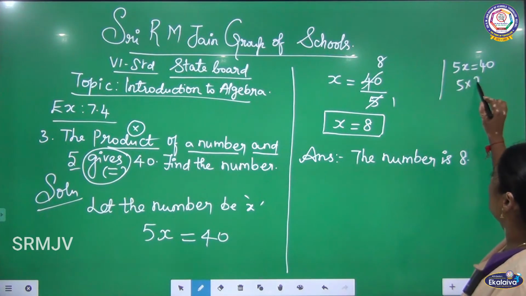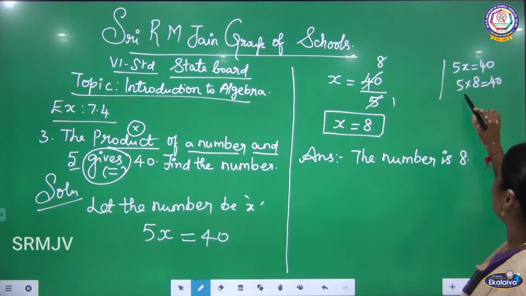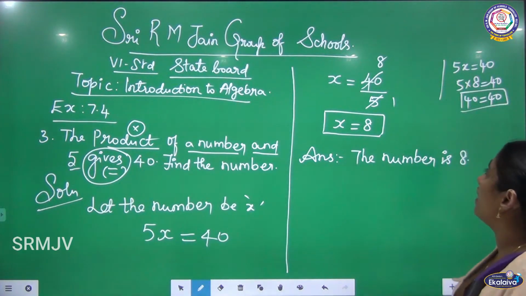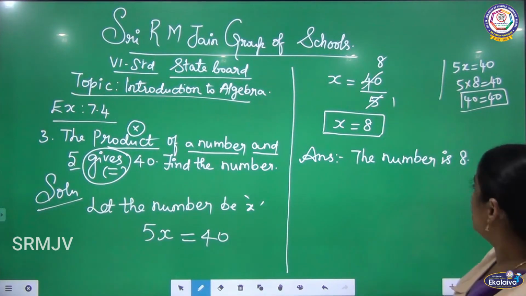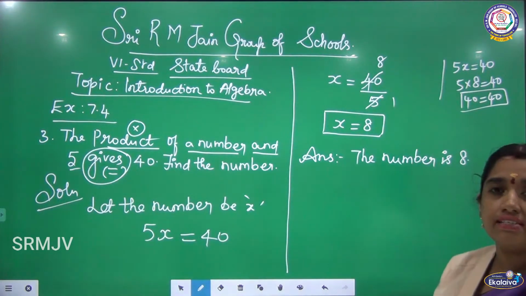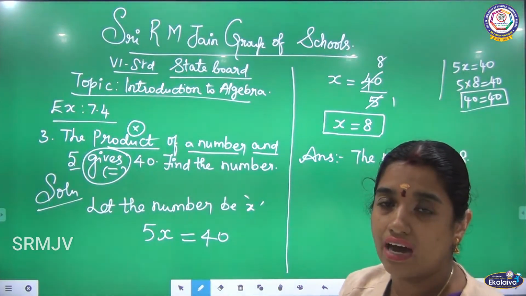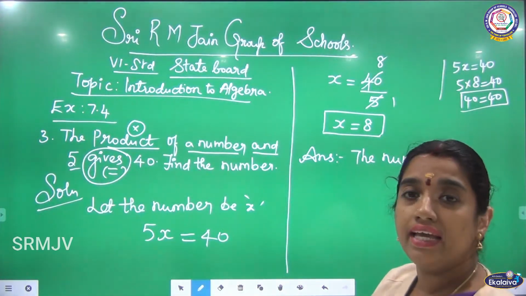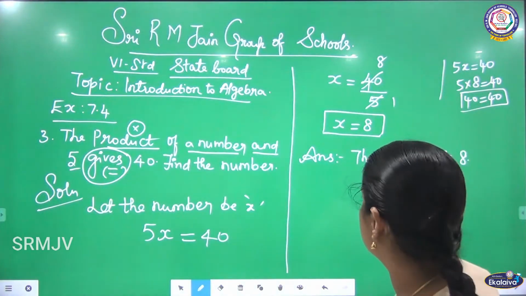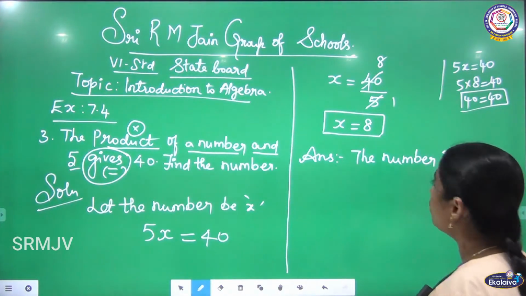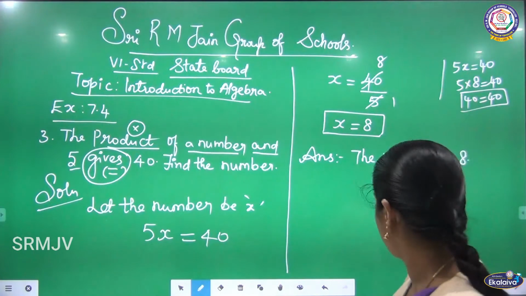So 5 into 8 is equal to 40. So 40 is equal to 40. What have we found? It is correct. When we are checking, left hand side and right hand side are equal. Once LHS and RHS are equal, then only the equation is balanced. Is it clear? Shall I move on to the next sum, children?